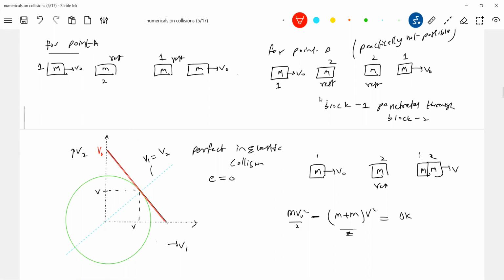Shall I write V naught? So after impact, what do you expect the velocity of object? Should be less than V naught. So this is the only one unique point, no? Practically possible. I'll write only point P.